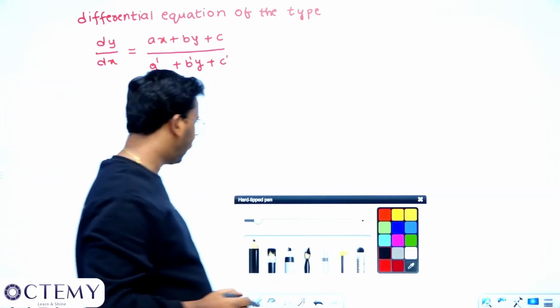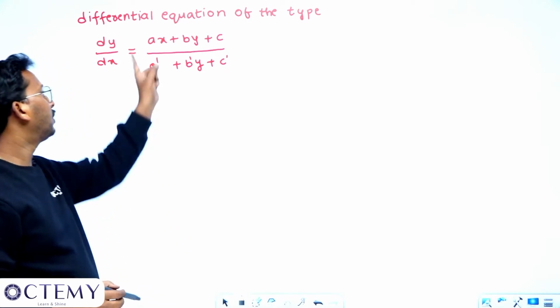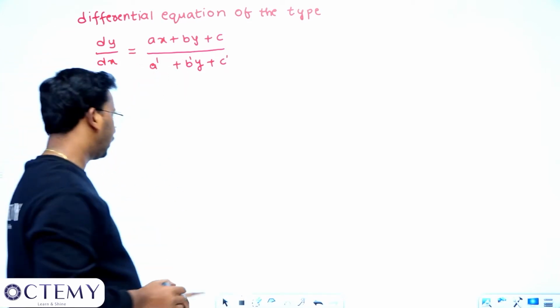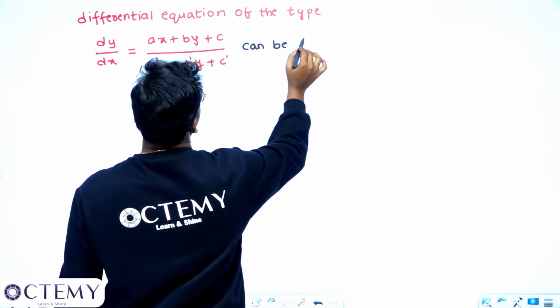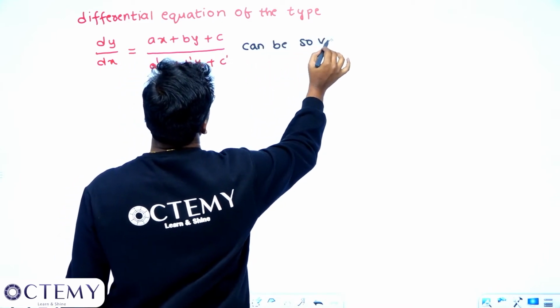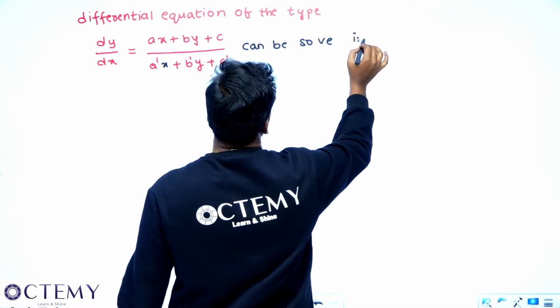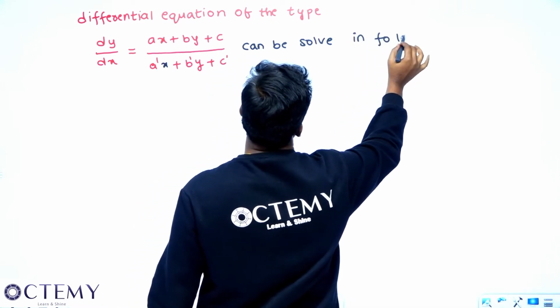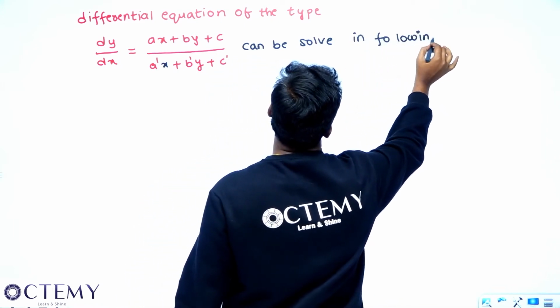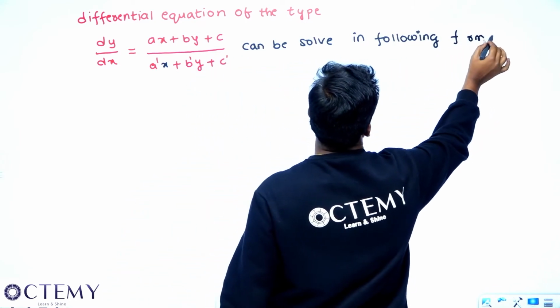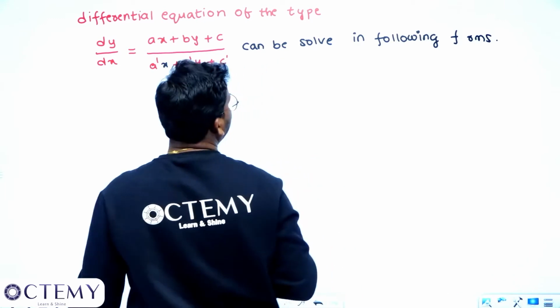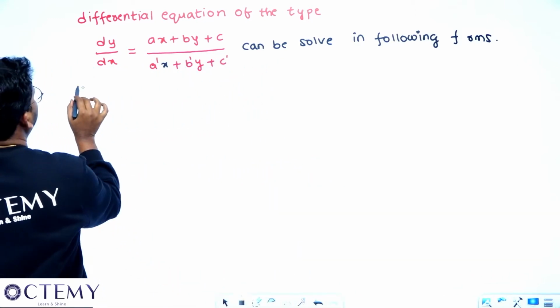Only of this type, that means they have to be linear, first order, right? This can be solved in the following two cases, in the following two forms, right? So see, sir, what are the forms? First there will be case 1.